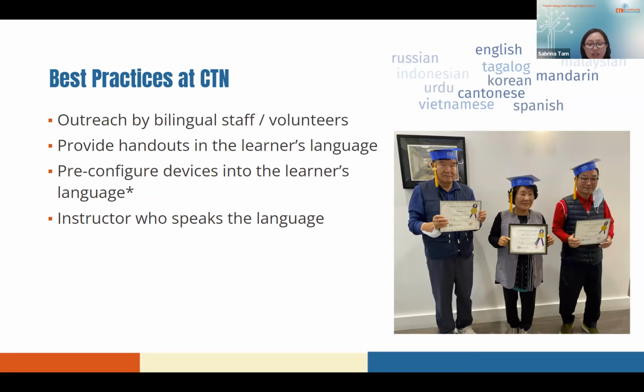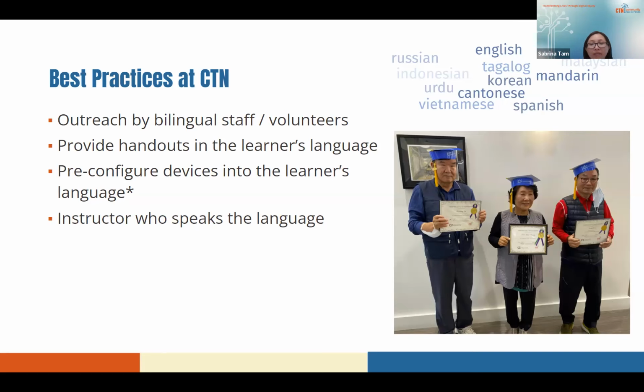Great. Yeah, thank you for sharing that. In my own experience, it is definitely best if you can have an instructor who speaks the learner's language. Sometimes, for various reasons, cost or like what Audrey just pointed out, as shelters, they just come and go, and it's hard to form a consistent group with the same learners.